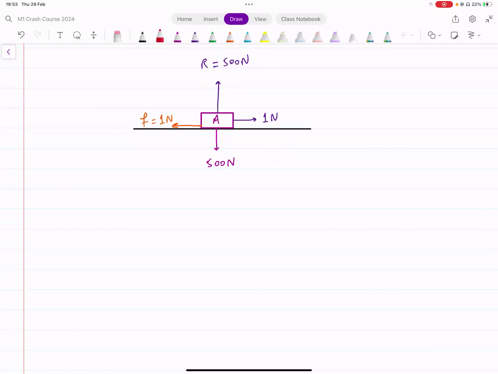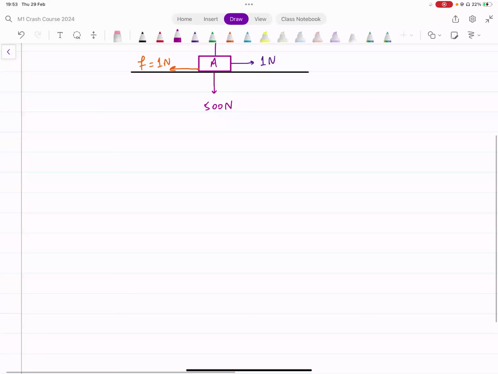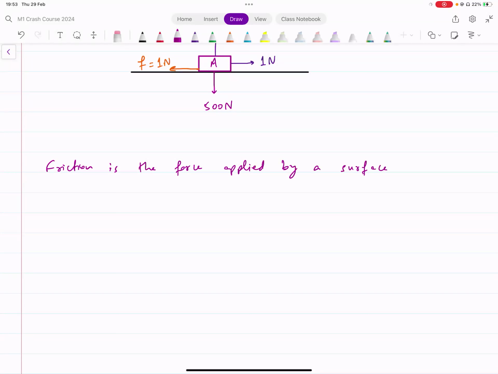Okay, now let me write that down. What is friction? Friction is the force applied by a surface on an object that opposes the motion of the object.